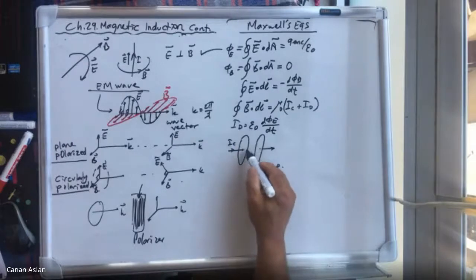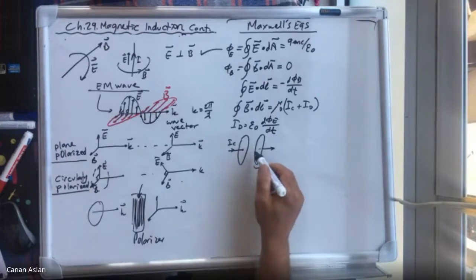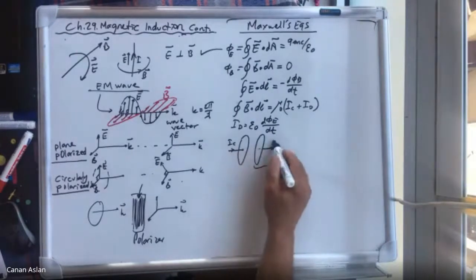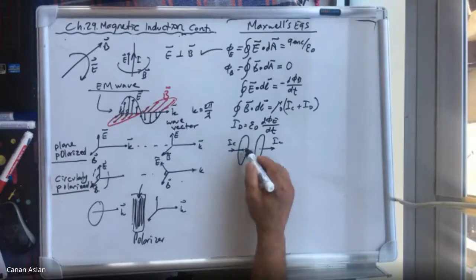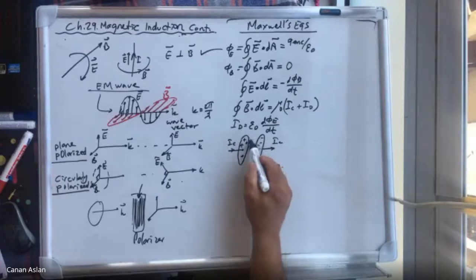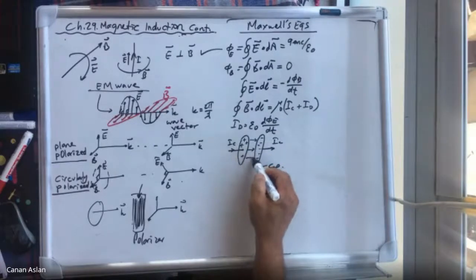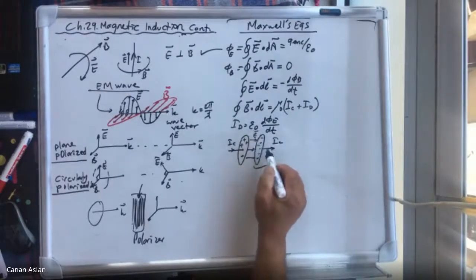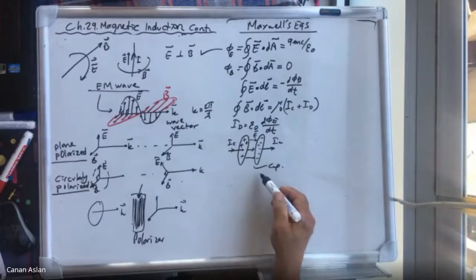Actually, in here there is no physical current, but it looks like the conduction current is moving to the right, as if it passes through this medium, but it doesn't. So this plate is covered by positive charges, and this plate by negative charges. We had seen this, okay? And the electric field between the parallel plate capacitor is like that.